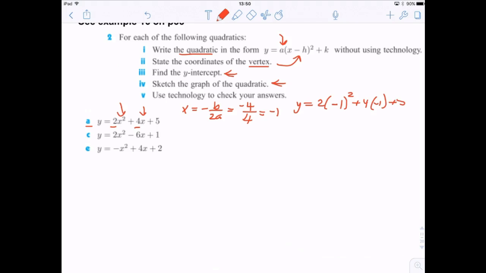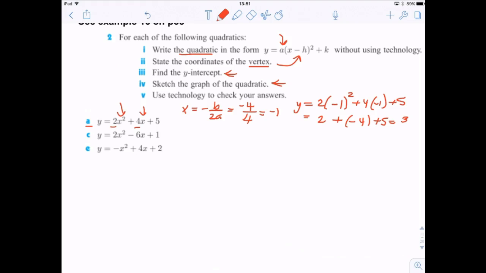Notice I'm very careful about using the parentheses because negative 1 quantity squared is not equal to negative 1 squared, right? This is going to be negative 1. This is going to be positive 1. They are not equal to each other. That's why I'm being really careful about putting parentheses around each of the terms I'm substituting in for x. Here I have 2 plus negative 4 plus 5, which is equal to 3.